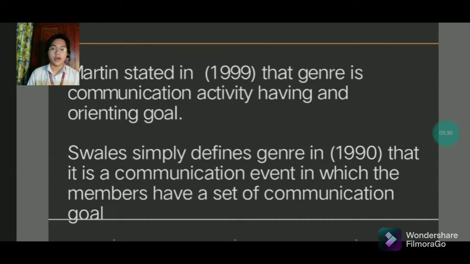Communication goals define the broad intentions and aims of communication for individuals. According to the said statements, it can be said that genre is a process of communication which has a certain goal for its members in a certain event of communication due to the social context.